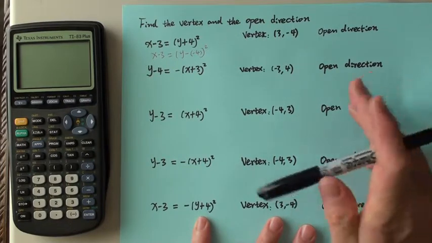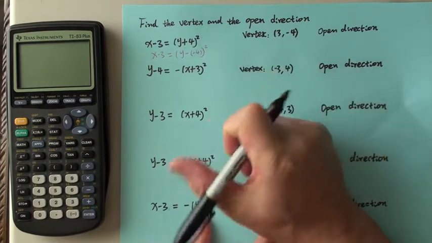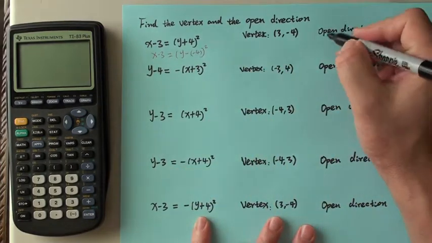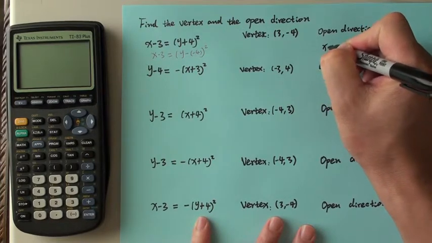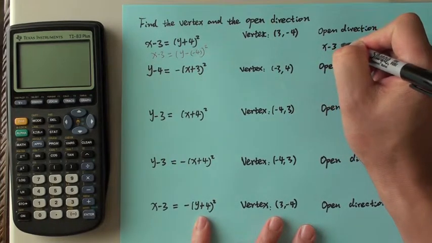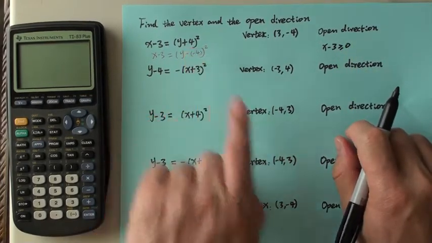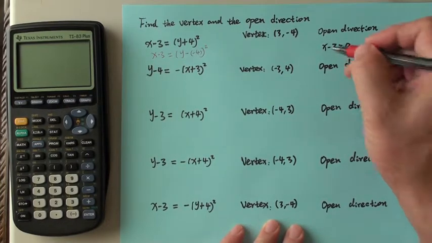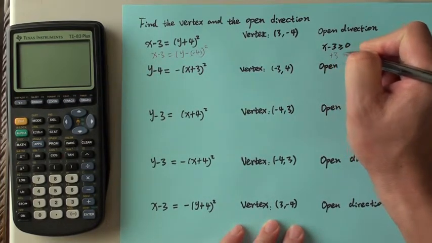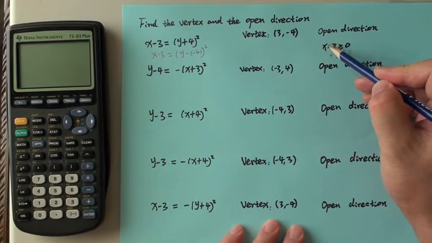Now look at the open direction. Y plus 4 squared is always positive. Then you will have x minus 3 is always positive, because the right-hand side is positive. And if you add 3 on both sides, you cancel the negative 3.